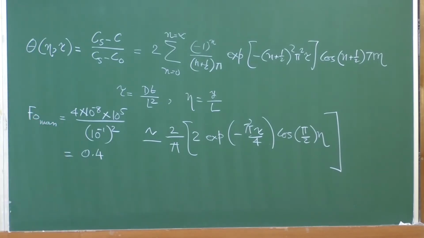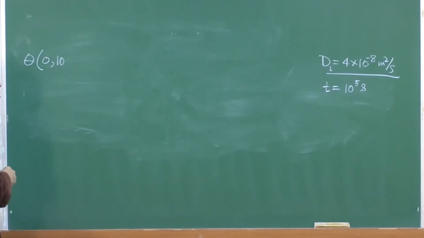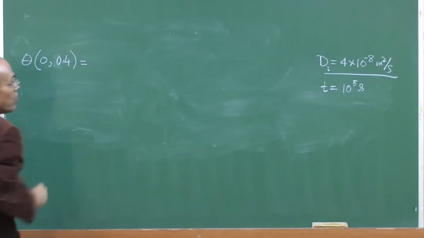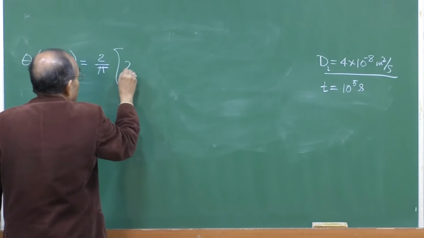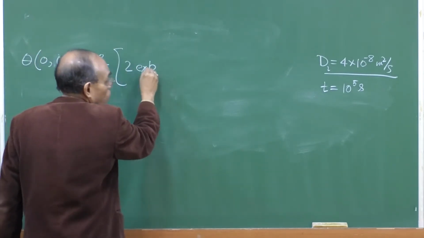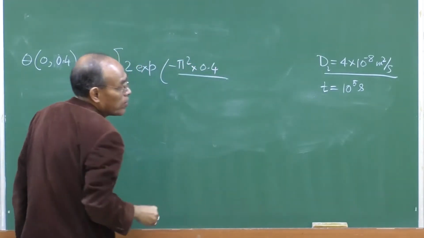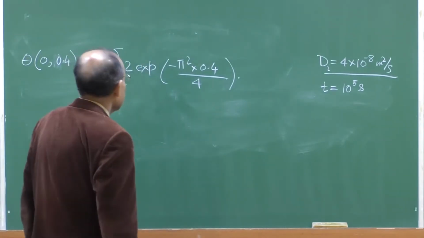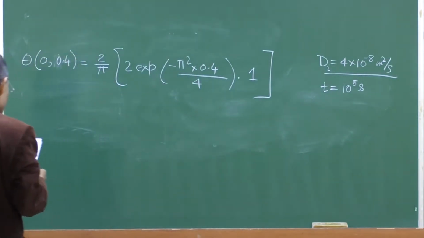Theta as a function of eta, at eta is equal to 0 and tau is equal to 0.4, is 2 divided by pi, times exponential of minus pi square into 0.4 divided by 4, and when eta is equal to 0, cosine of 0 is 1. This value comes out to be 0.475.